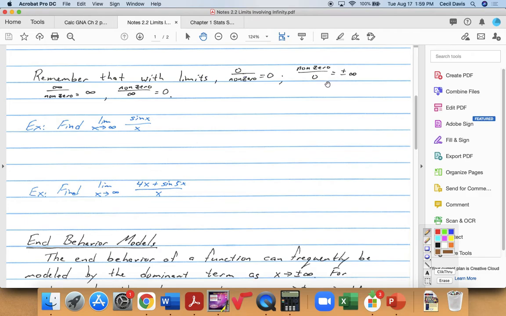It depends on whether the non-zero number is positive or negative, and whether I am going towards 0 from the right or from the left. Both of those things become important.